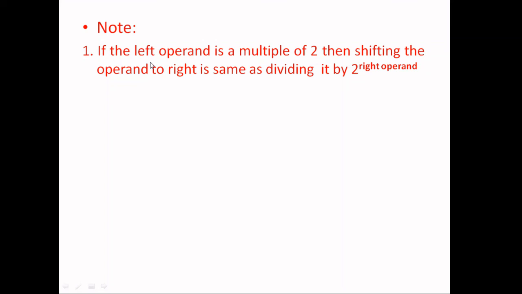128 >> 1, that means right shift operator. So it will yield you the value 0 1 0 0 0 0 0 0, which is the decimal value 64.